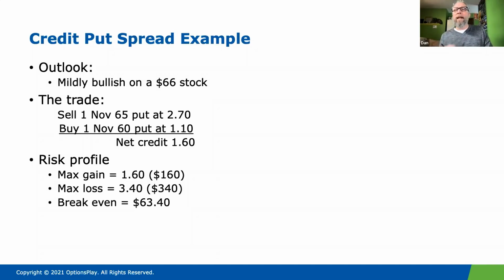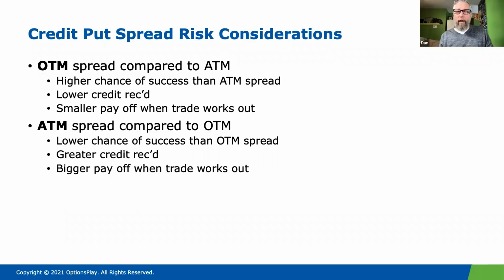is that more credit spreads than not are at the money credit spreads, where we're selling the at the money option, and the out of the money option is the one that we're buying. That's pretty surprising. For many years, I've set up my credit spreads more out of the money, looking at them as high probability trades.